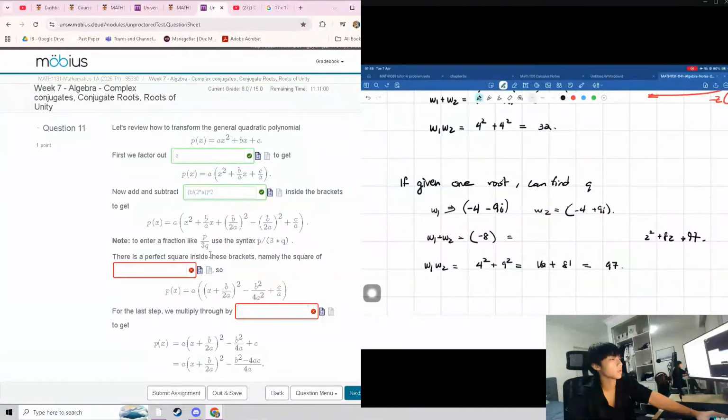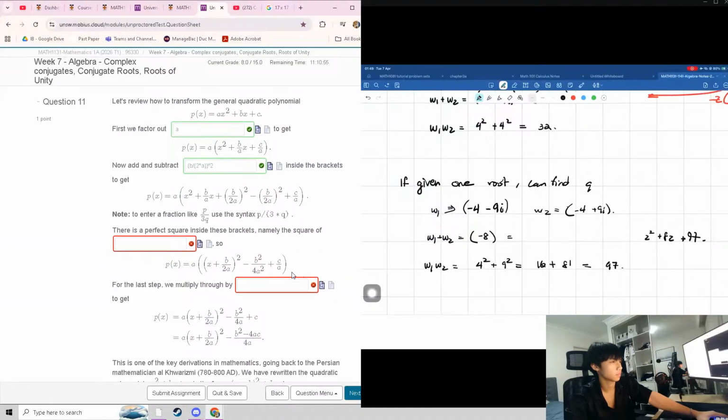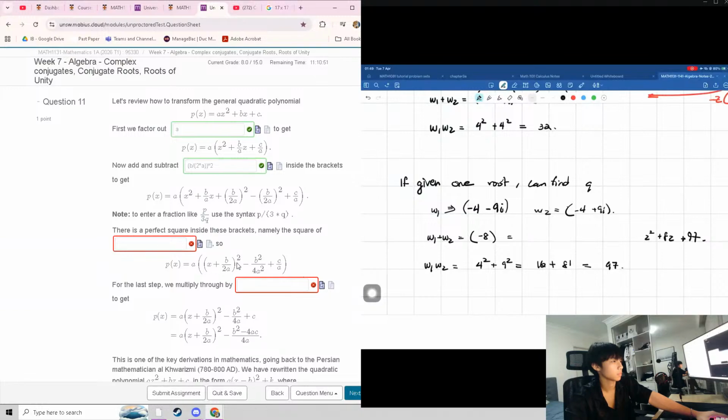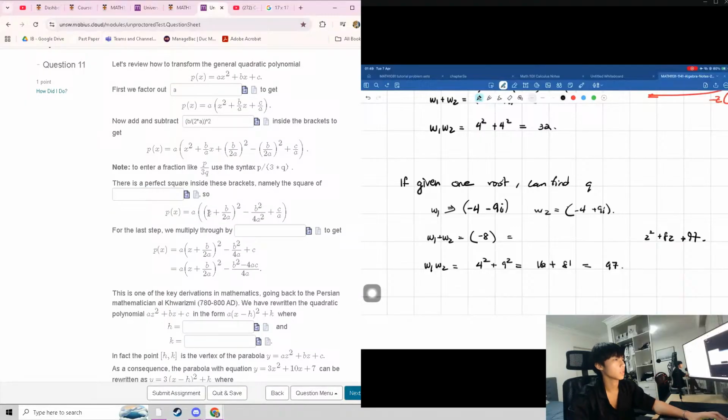There's a perfect square inside these brackets, namely the square of x plus that.